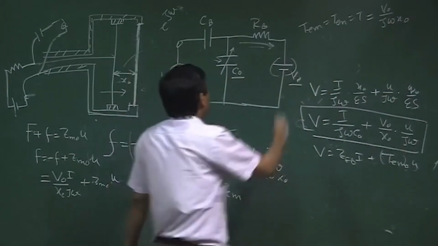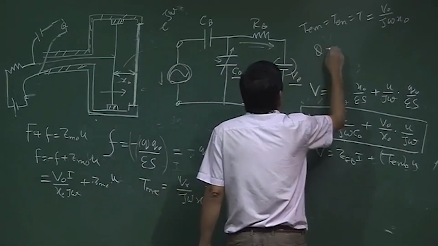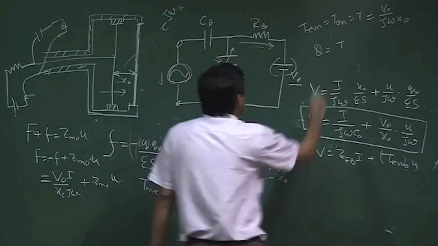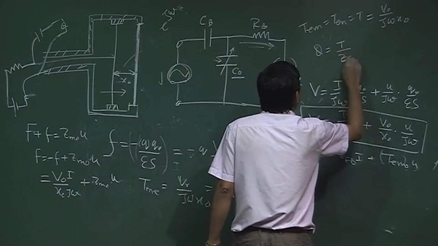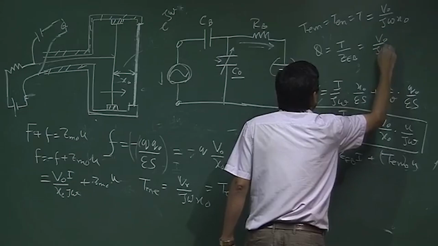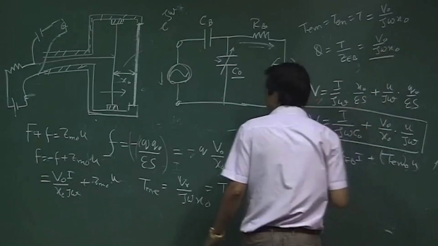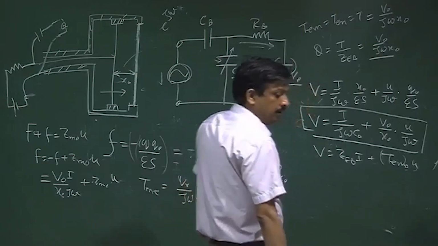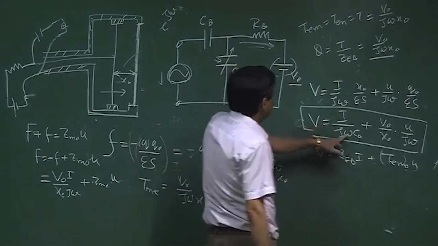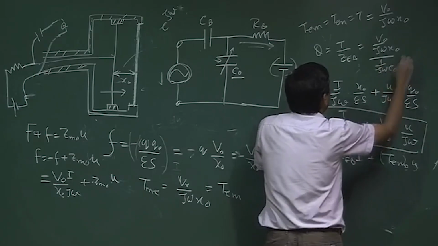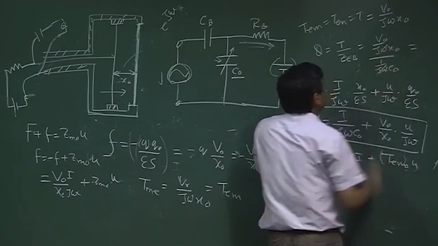Okay. Now, what is phi? Phi is equal to T by JdV. So, T is V0 by j omega x0 divided by JdV. What is JdV? JdV is nothing but 1 by j omega C0. So, j omega cancels.